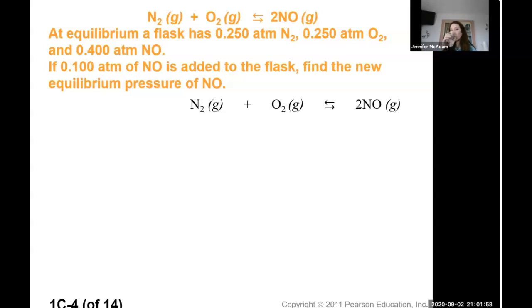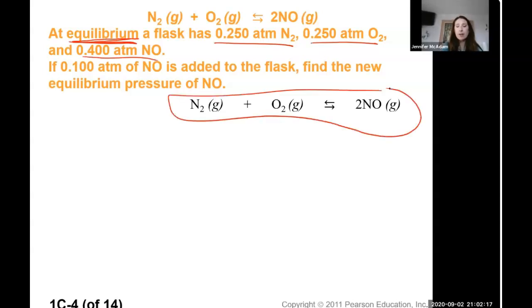Feel free to type it in the chat. Yeah, we gave you the equilibrium concentrations, right? This one says at equilibrium. Here's a value, here's a value, here's a value. Here's our reaction right now. So you can literally just calculate your K, right?